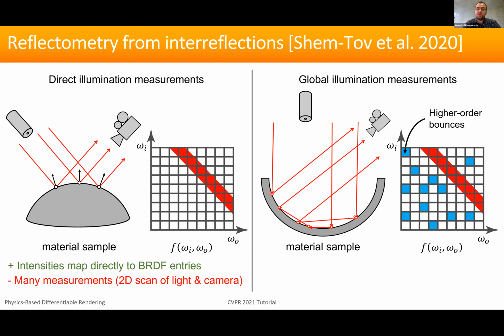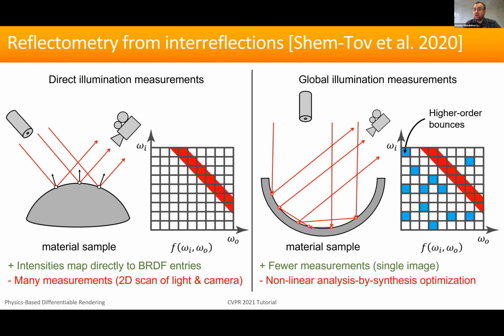All of those give us measurements that sample the BRDF at many more pairs of incident and outgoing directions. So by inducing global illumination artificially, we can greatly reduce the number of measurements we need to take in order to have a dense sampling of the BRDF. In fact, we can get it down to a single image.